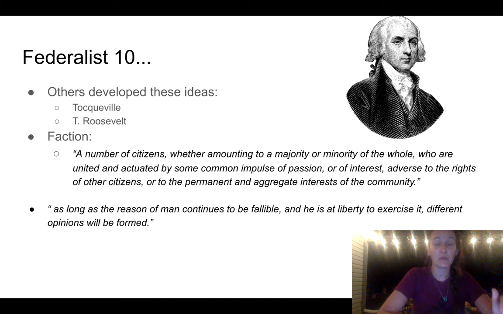So in a society where people have liberties, people will have their own opinions and interests that will at times oppose the opinions or interests of others. We see that to this day, right? He wrote, and you see here, as long as the reason of man continues to be fallible and he is at liberty to exercise it, different opinions will be formed. This is sort of common sense, right?